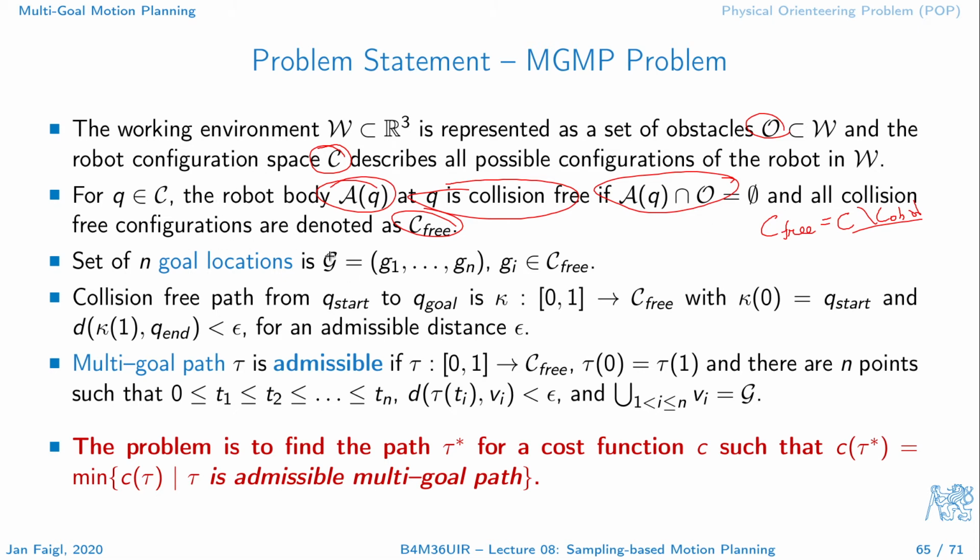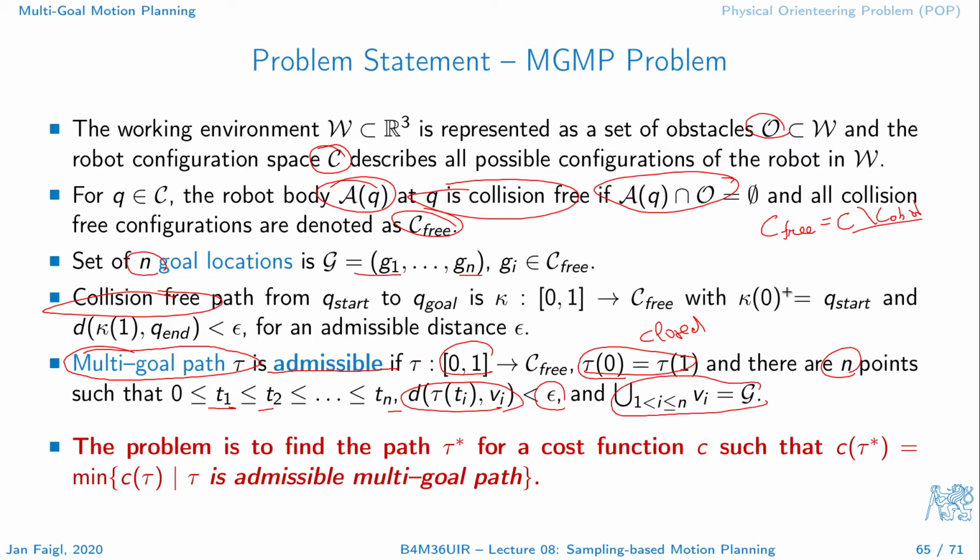But instead of point to point, we have n goal locations, and we have the collision-free path. For us, the multi-goal path tau is admissible if it is a mapping from 0 to 1 in C free, and it is closed, and there are endpoints on this path such that these points are within a sufficient distance to the goal locations.